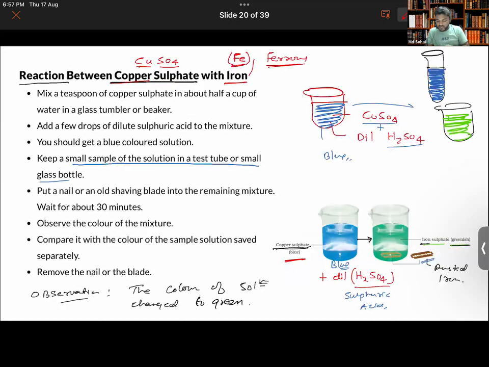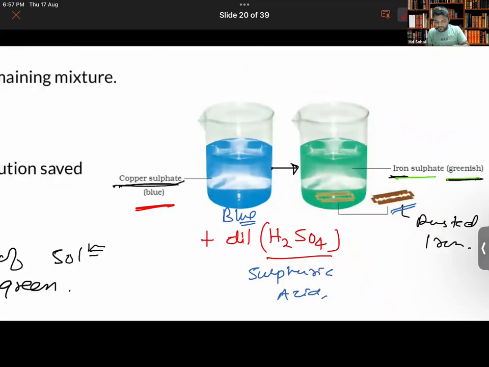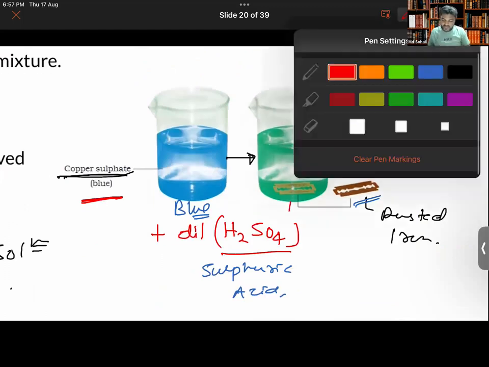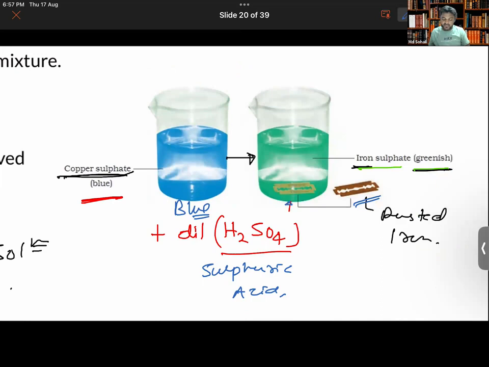So look over here, guys. Look close at this. Can't you observe some changes in the color of this iron here? The blade earlier was shiny, right? The color was different. Now the color has changed into brownish. Exactly. That is brownish here. Why?